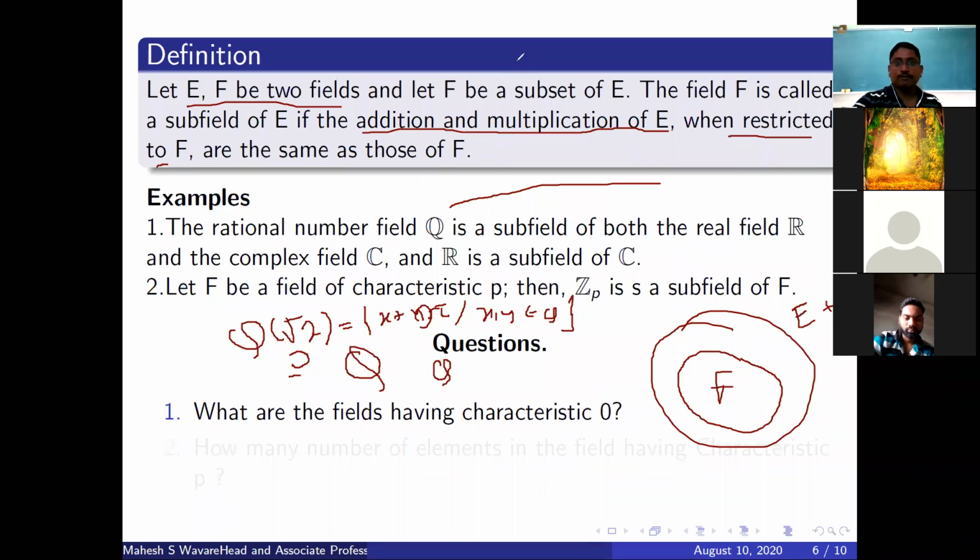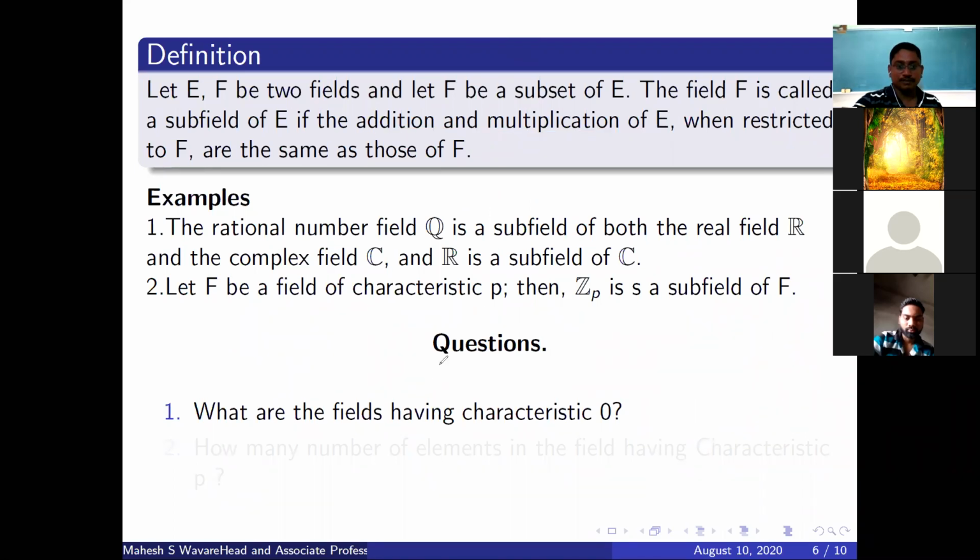Now I have posted two questions here. Just tell me the answer in that. We have 2 minutes. What are the fields having characteristic 0? It is Q, one may write Q root 2. You can see Q root prime number. Here the numbers must be rational, that you also keep in mind. Q root 3 also is mentioned.